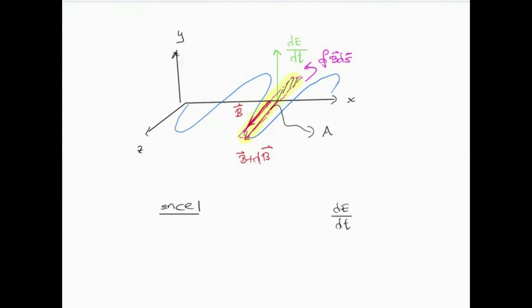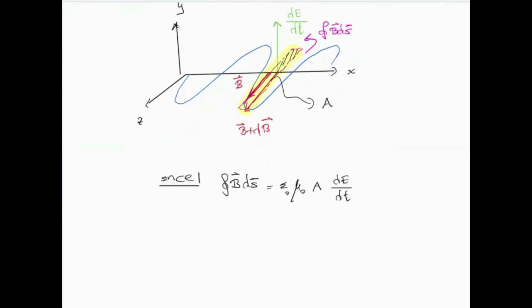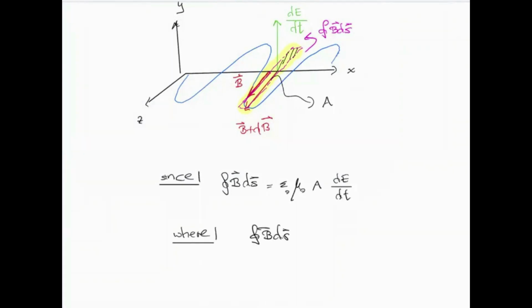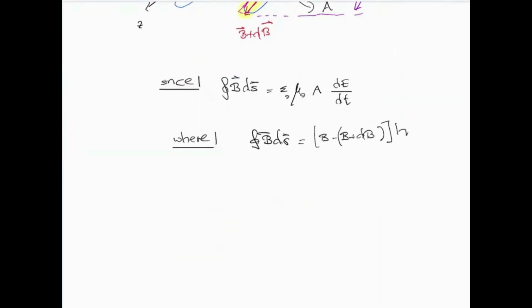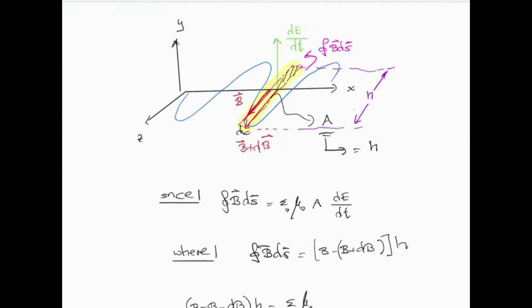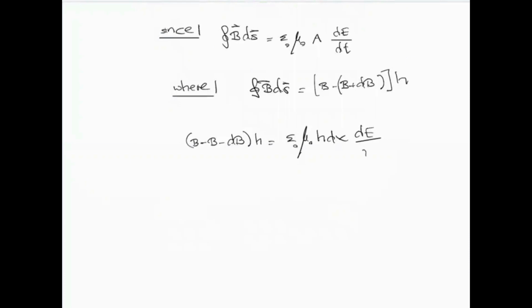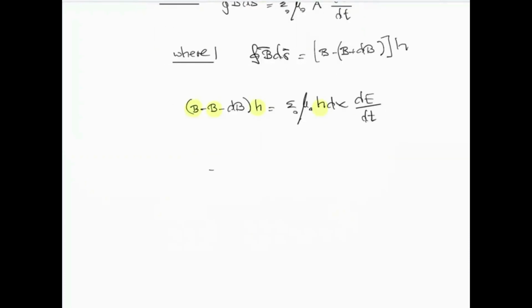So we know from Maxwell's equation that any time variation of the electric field is going to cause a circulating magnetic field. So which means that we're looking at the change in the magnetic field in the direction of the integration of the region.